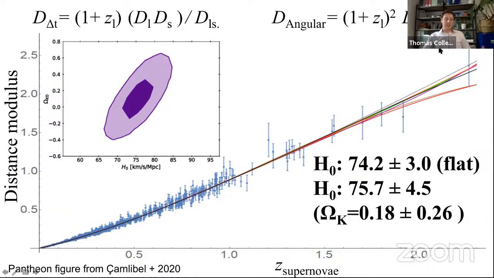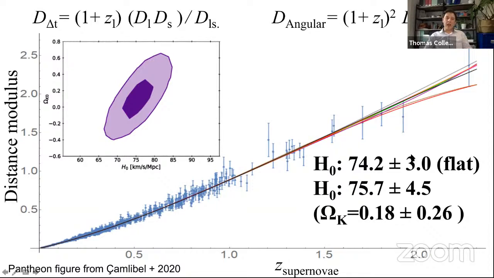Given that luminosity distances are related to angular diameter distances by this relationship in almost any sane cosmology, you can plug the supernovae into these time delay distances, and you're left with a measurement of the Hubble constant that depends on nothing other than cosmic curvature. The reason curvature crops up is because you've got these D_LS, which are distances between lens and source, which you can't directly measure with supernovae.